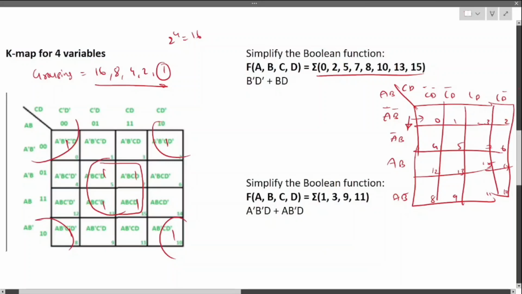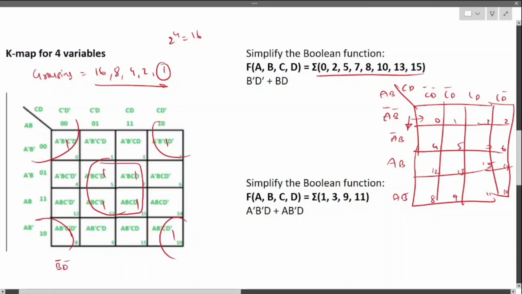Now for this, it is A bar B bar and A B bar. So what is the common thing? A bar and A, ignore them, we are left with B bar. Same way in this, C and C bar ignore, D bar is common. Take this.